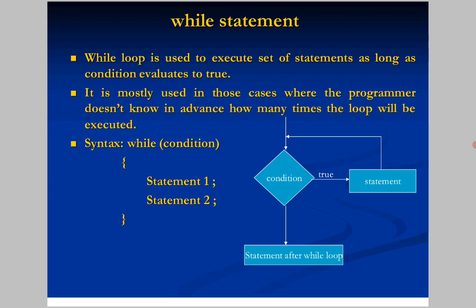So this is the syntax, and on the right hand side you see the flowchart, or working, of a while loop. First of all, the given condition is tested. If it is true, then some statements are executed, and again the control goes back to the given condition for testing it again.